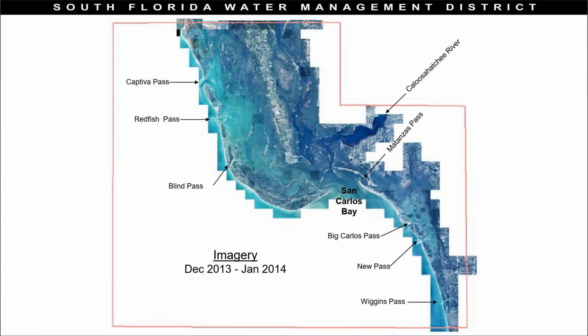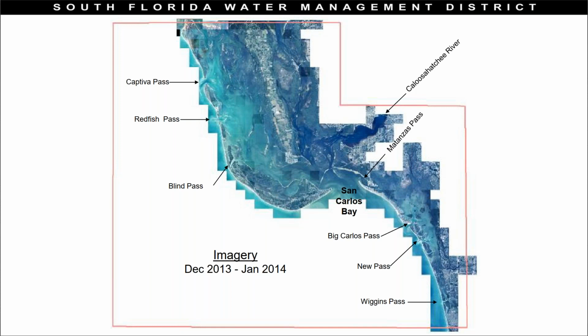So the last imagery was collected between December 2013 and January 2014. There were 370 tiles and 330 square miles. You can see there's a lot of inlets there, which caused problems in water quality and turbidity.